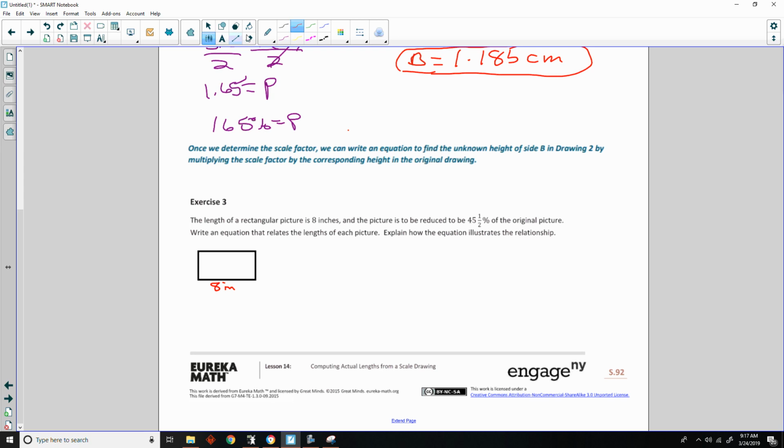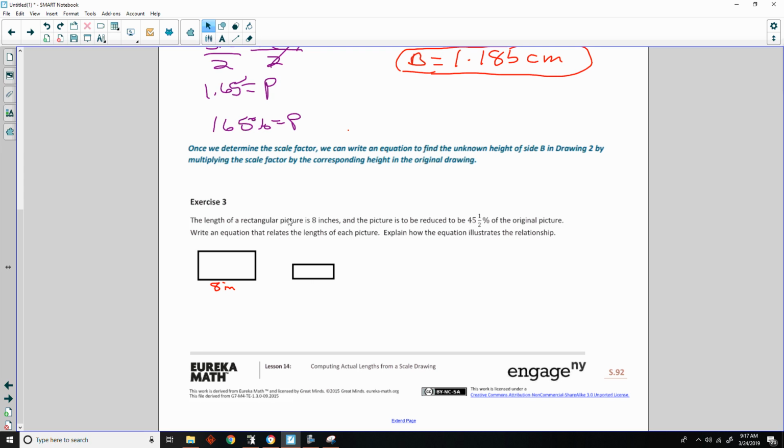So again, we're going to draw another picture, and it's a smaller rectangle. So this is a scaled down version, and it's going to be 45.5%.